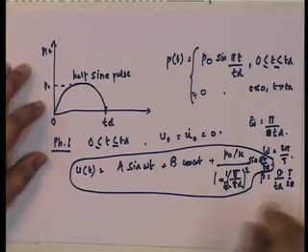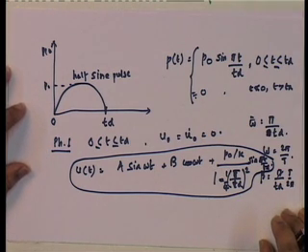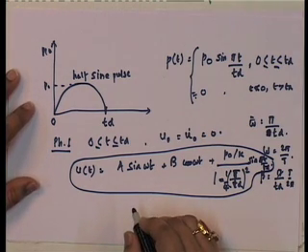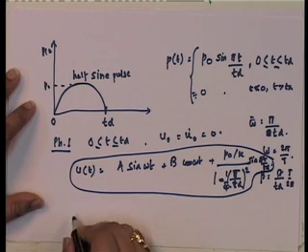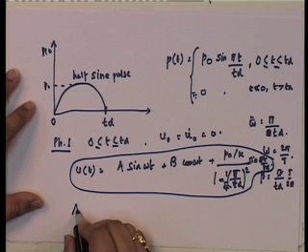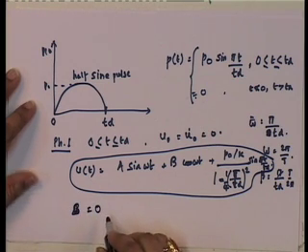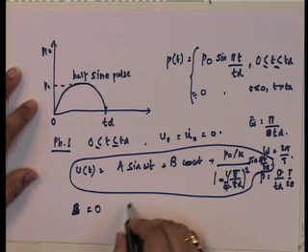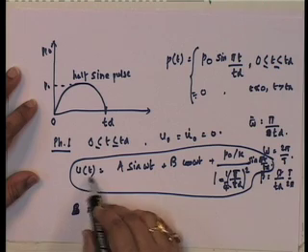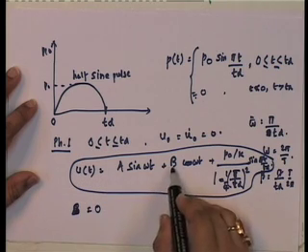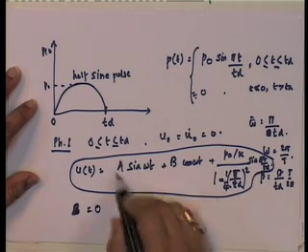This is my solution of the first equation, and I can solve for A1 and A2. If I solve, I get that B is equal to 0, because if I put t equal to 0, this one becomes B and the others go to 0.